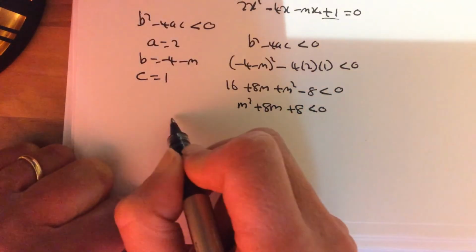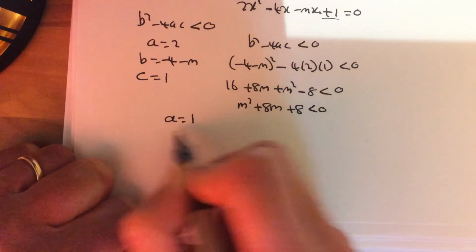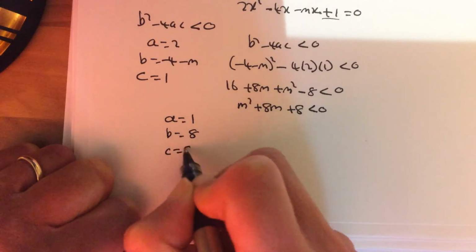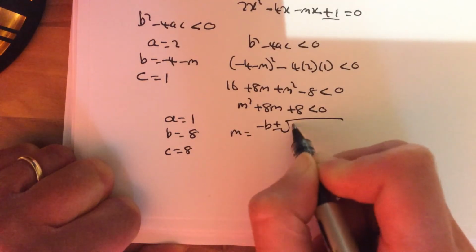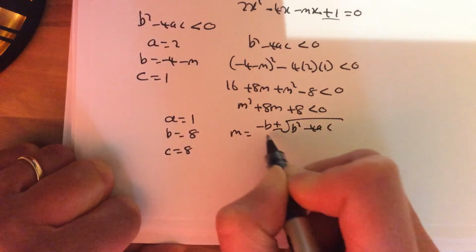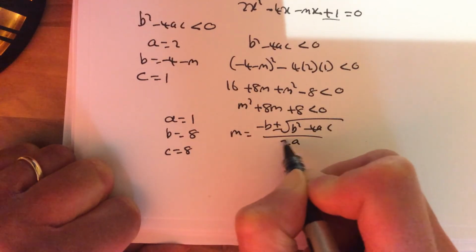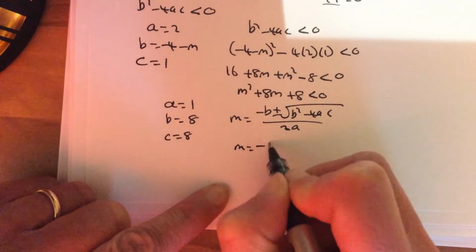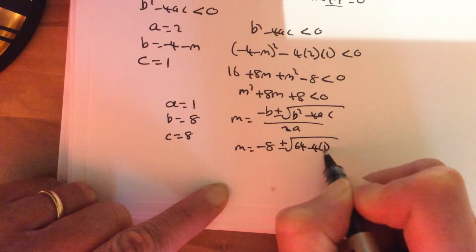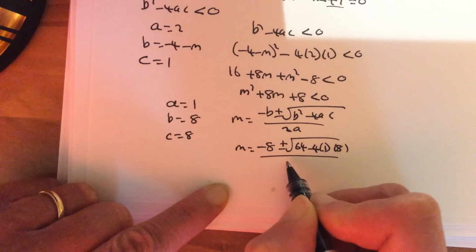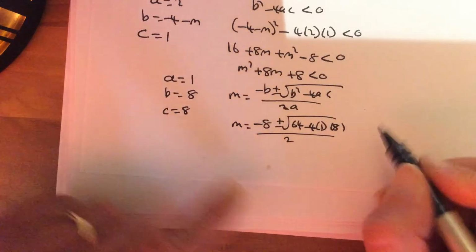Now, that doesn't factorise, so use your formula. a is 1, b is 8, c is 8. So m is minus b plus or minus the square root of b squared minus 4ac all over 2a. So m is minus 8 plus or minus the square root of 64 minus 4 times a times c all over 2a.